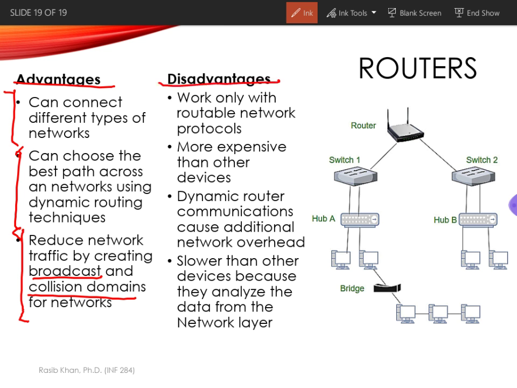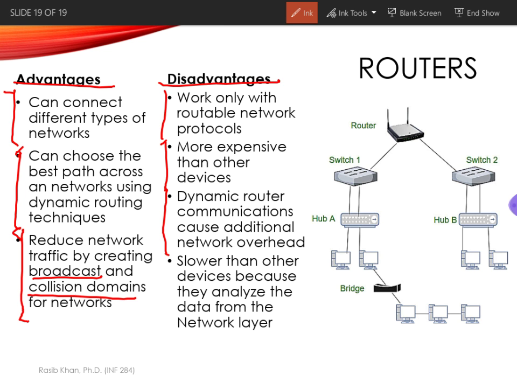The disadvantages with routers would mean that it only works with routable network protocols. Moreover, it's significantly more expensive than any of the other devices that we have seen so far.